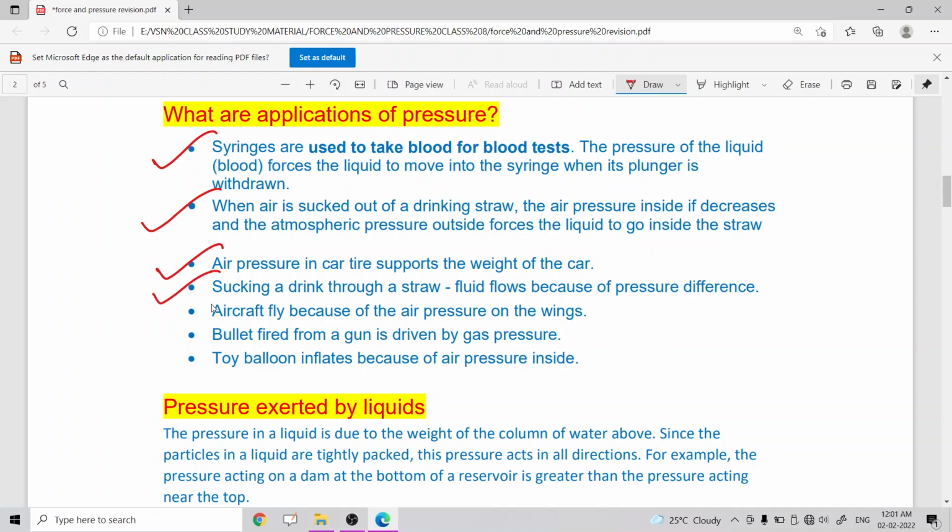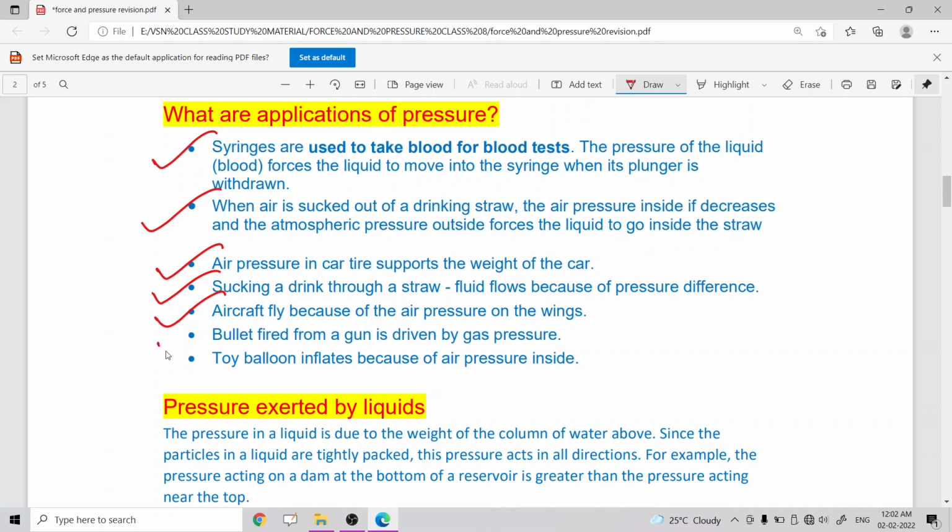Drinking through a straw, fluid flows because of the pressure difference between two points. Next, aircraft fly because of the air pressure on the wings. You can take different types of pressure, and using different types of pressure we make different things.